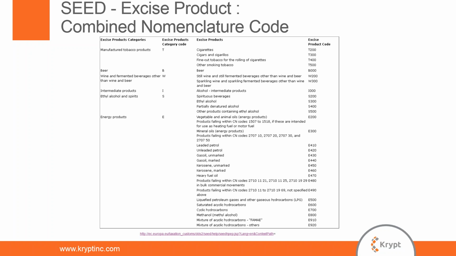For both exporters and importers, they are required to classify every item which is liable for excise goods using these excise product codes. And this is for all kinds of products under excise duty suspension, like tobaccos, alcohol, and energy products.